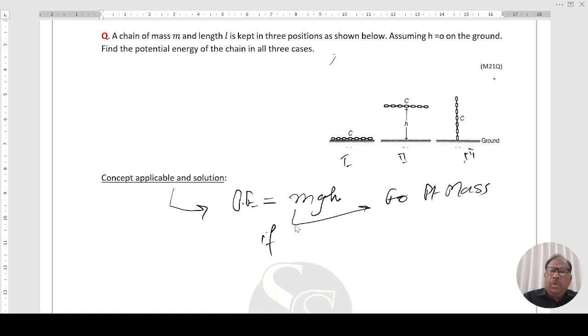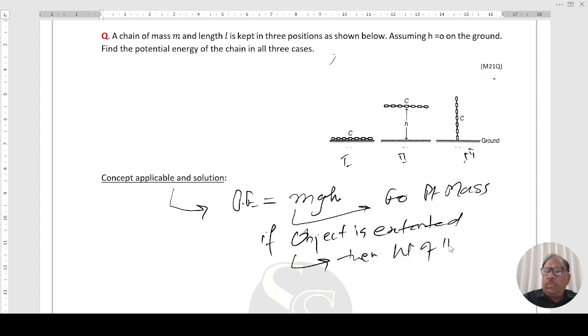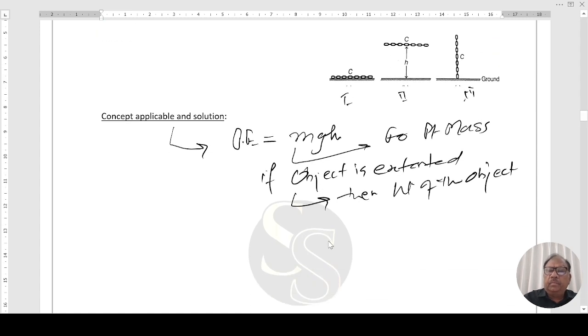If the object is extended, then height of the object is to be considered from the center of mass.